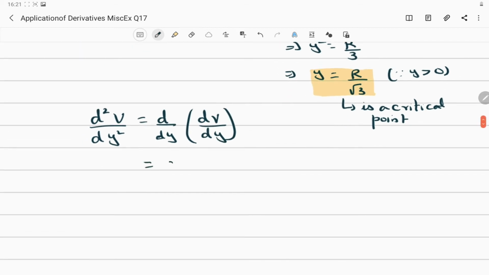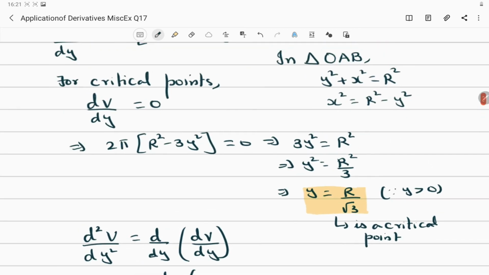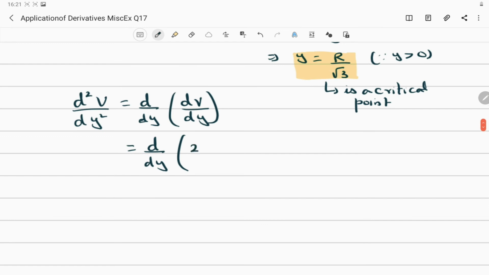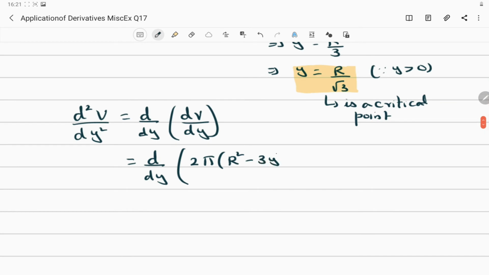Let's plug in dV by dy, that is 2 pi into R square minus 3y square, which is equal to 2 pi times derivative of R square is 0 minus 3 into derivative of y square, which becomes 2y.